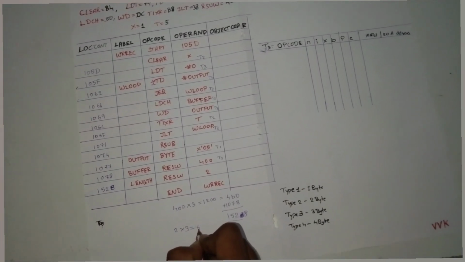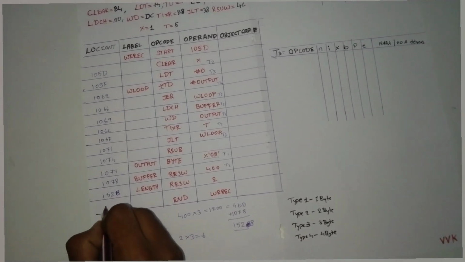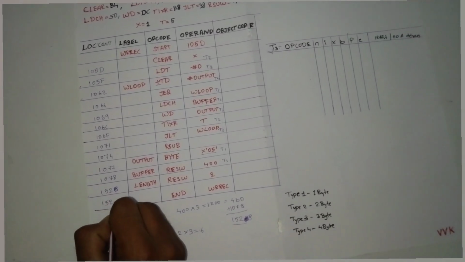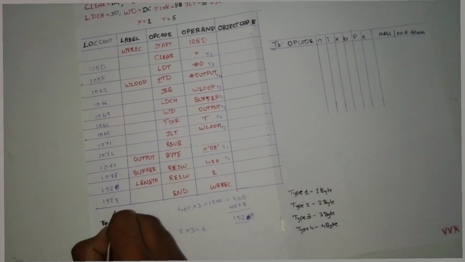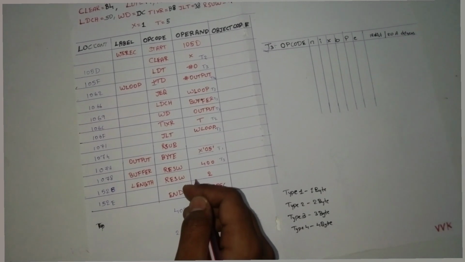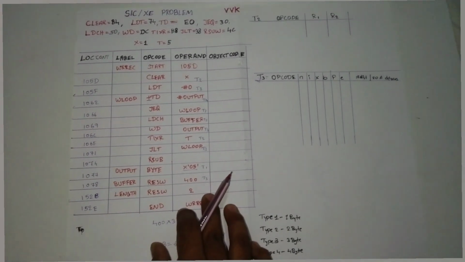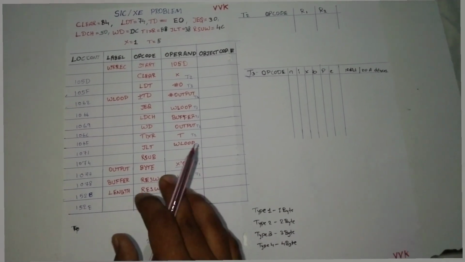We have to add 6 to the previous location counter. That will be 152e, which is the last location counter of the given problem. This is our procedure for finding the location counter for the given SIC/XE problem.